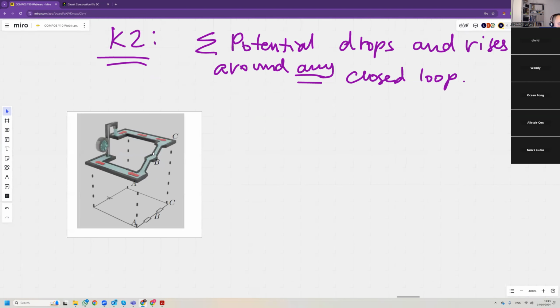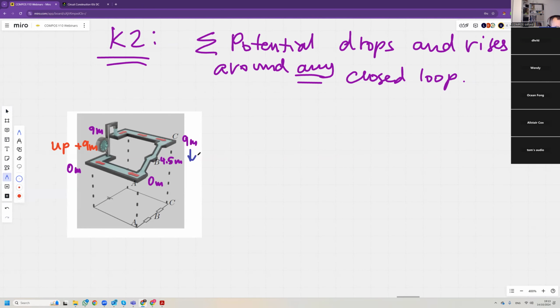Okay, so let's say for this example, here the water is at 0 meters, and here the water is at 9 meters. Here the water is at 4.5 meters, 9 meters, and 0 meters. So as the water goes round the circuit, it goes up plus 9 meters.